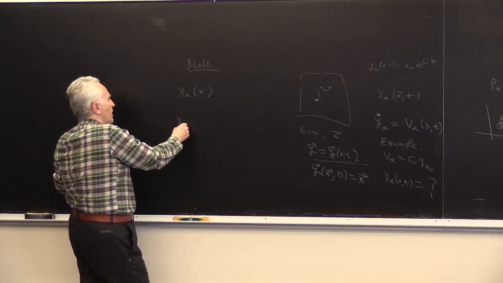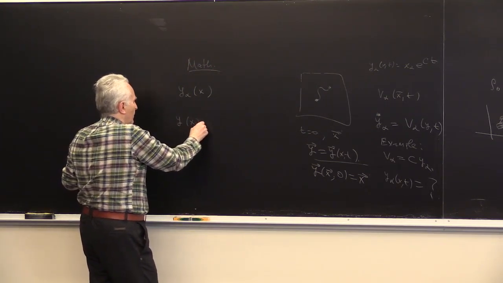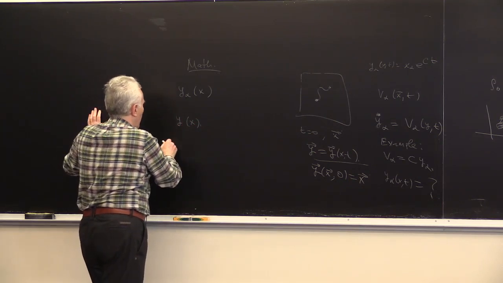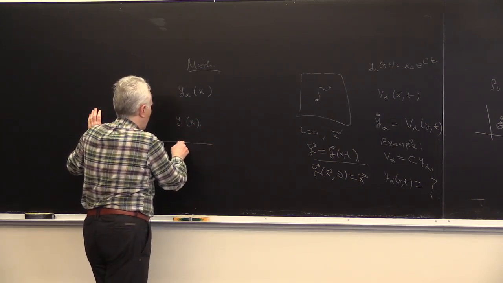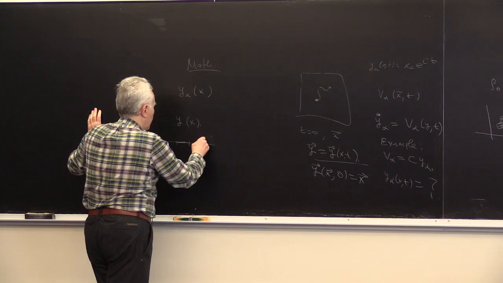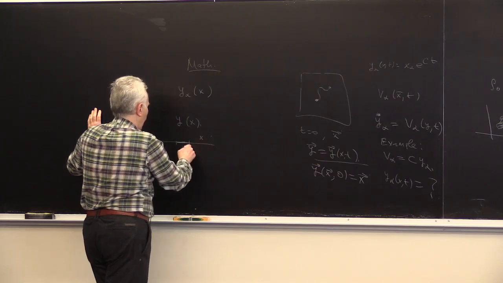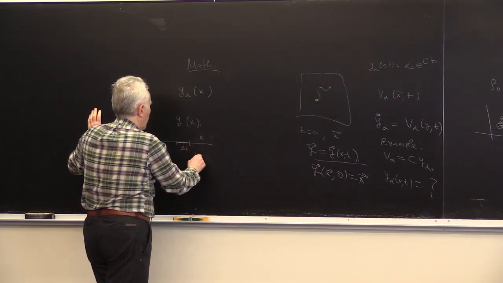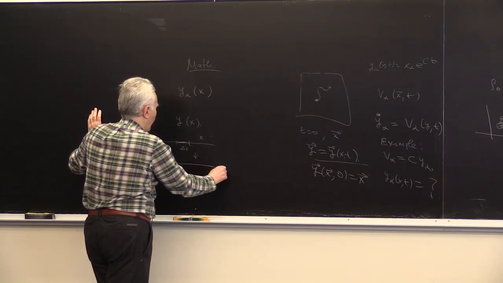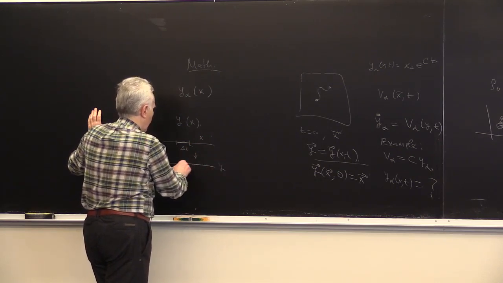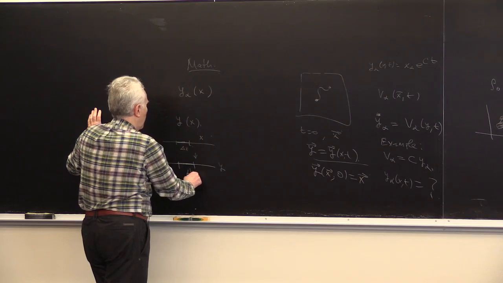If we take as an example one dimension, we have an interval in x, and it is mapped by the function y of x into something else, delta y.